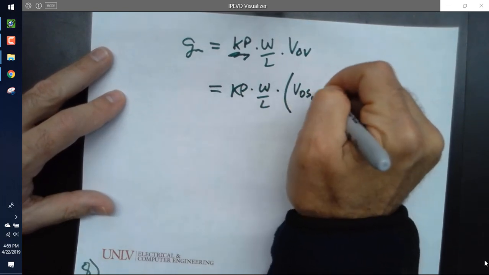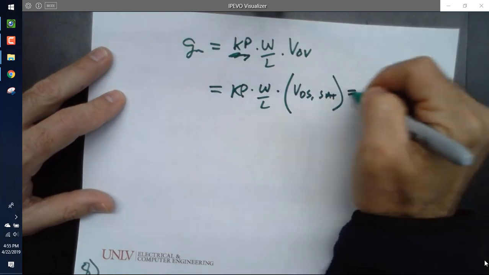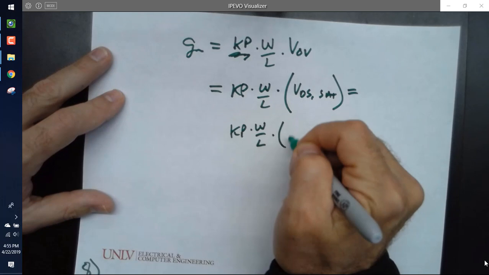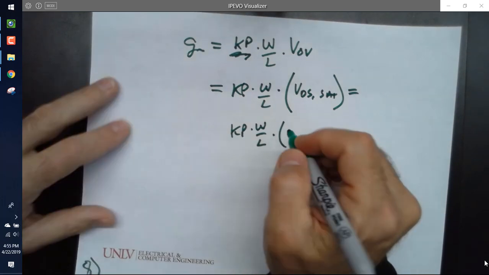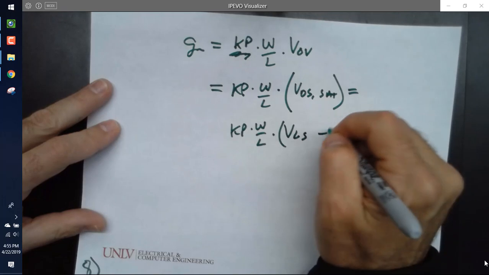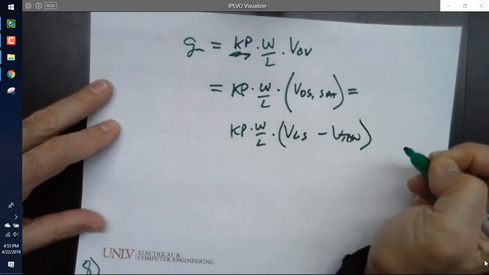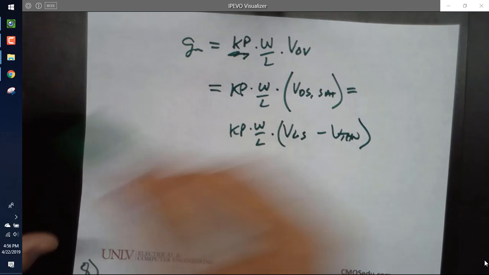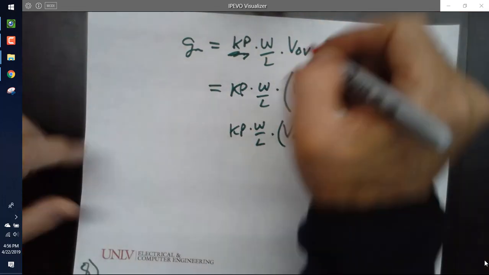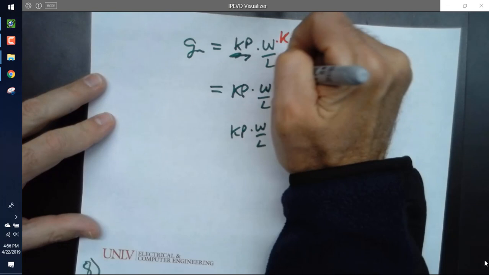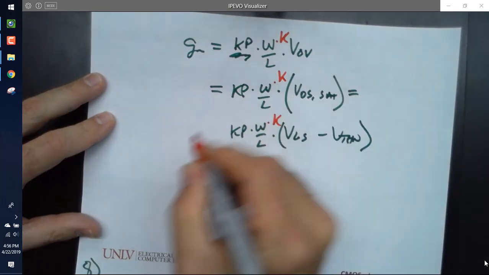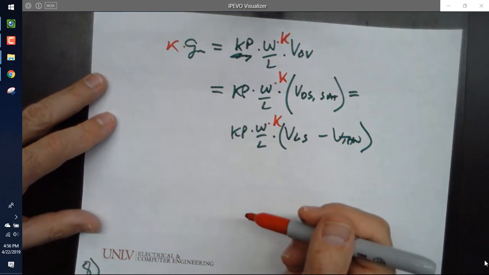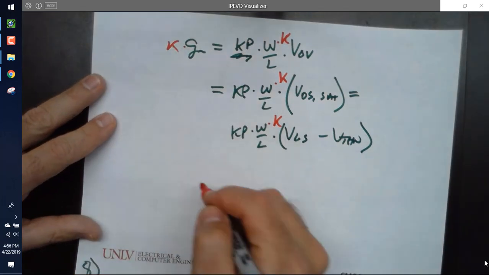VGS minus VT. Everybody's okay with that? So now, if I increase the W by a factor of K, what does gm do? Goes up by K.